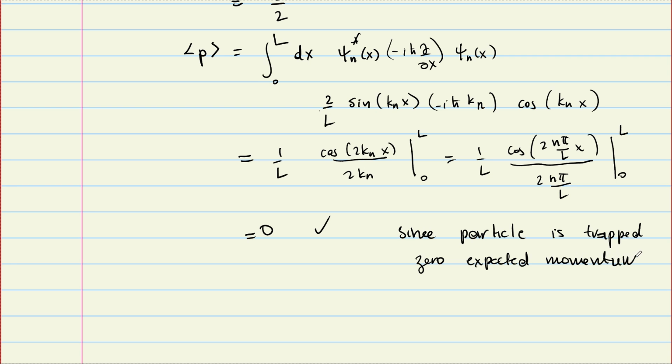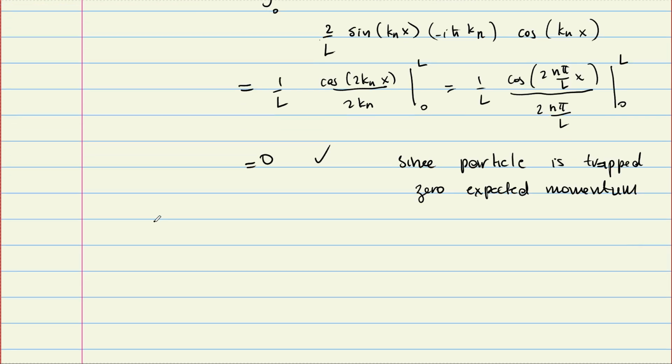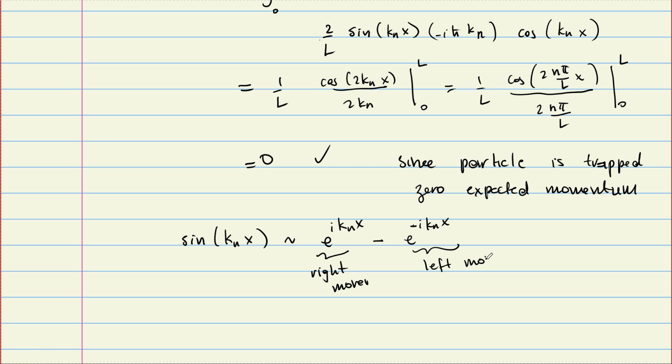So, however, we can decompose, for example, this function sine knx into e to the i knx minus e to the minus i knx. And this first piece, we call the right moving wave, right mover. This one is a left mover.